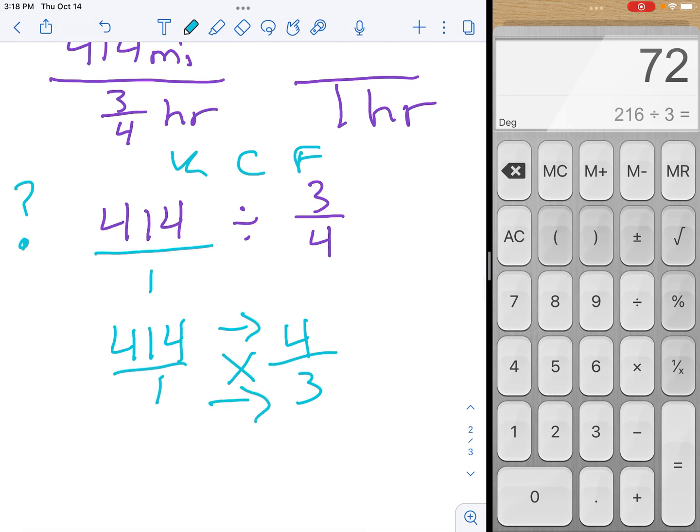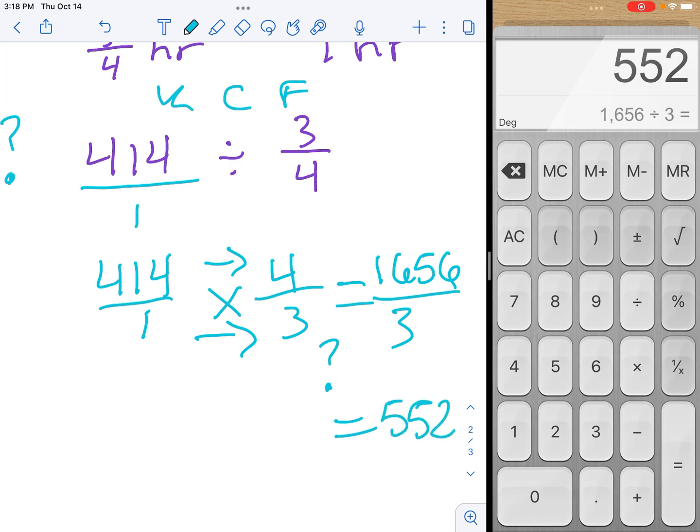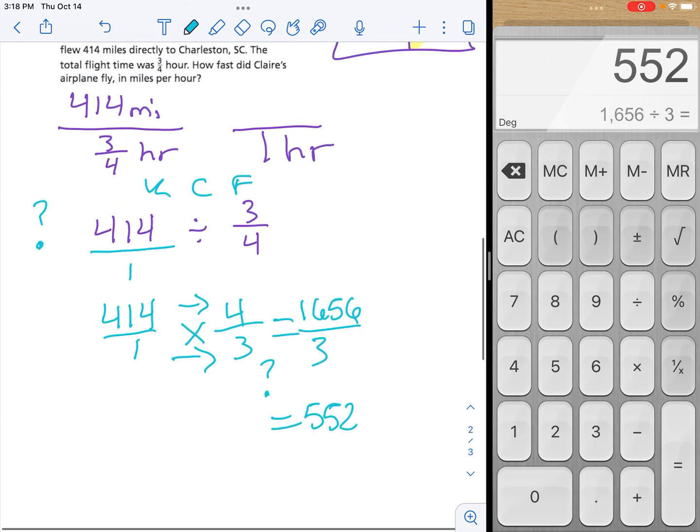Top times top, bottom times bottom. 414 times 4 is 1,656. 1 times 3 is 3. What is 1,656 divided by 3? That would be 552. So Claire's airplane is flying 552 miles per 1 hour.